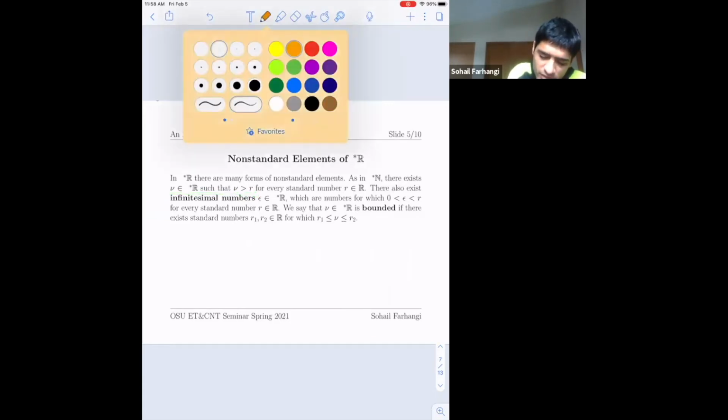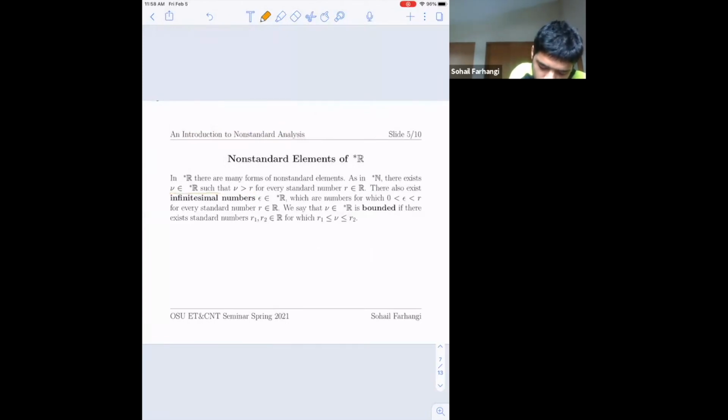So we can easily construct an example of that. Right, this is even an example of a non-standard natural number that's bigger than every natural number. And every natural number is a real number. Every non-standard natural number is a non-standard real number. So this is an example for both cases.